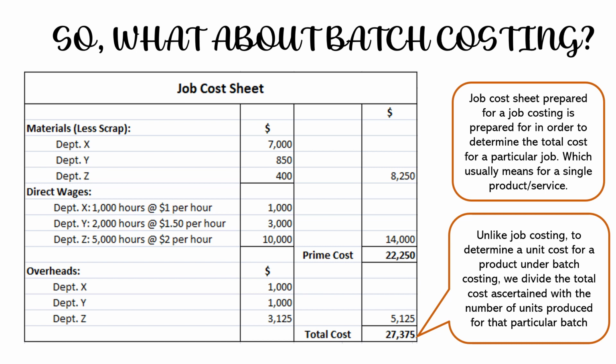Let's say the number of units in this batch is 100. So we divide the total cost, 27,375 ringgit, by 100 units. That would give us the unit cost, or the cost per unit, for one particular product under the batch costing method.